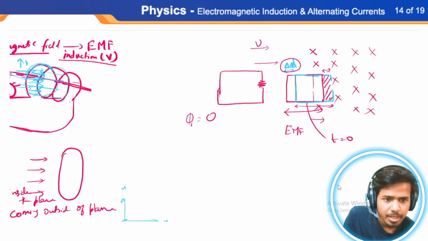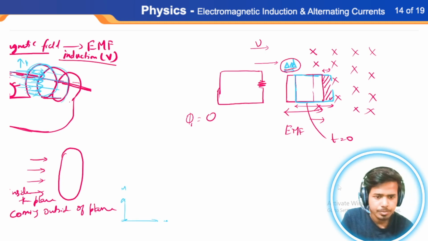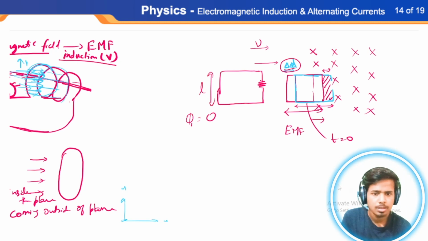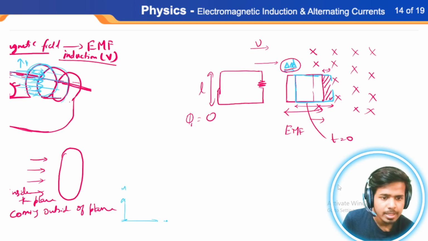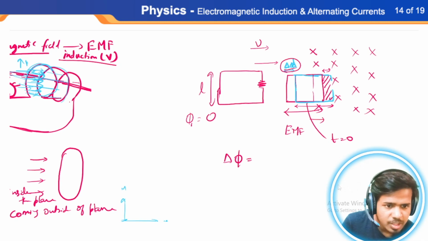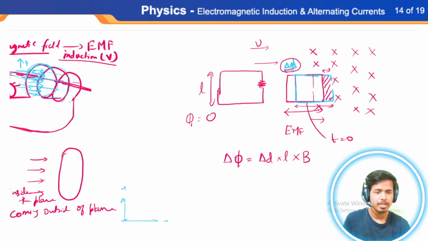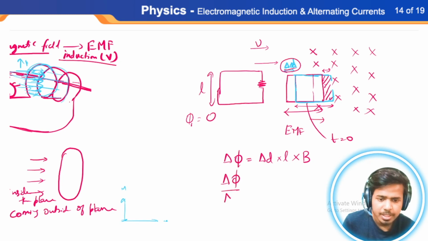So what will we do here? Delta t, yes, delta d. If I take this length as L, then how much magnetic flux has changed over delta time t? Delta phi is going to be this much amount of area, right? So delta d into L into the magnetic field. This is the flux. Now I have to do delta phi by delta t, so as to calculate the EMF generated.